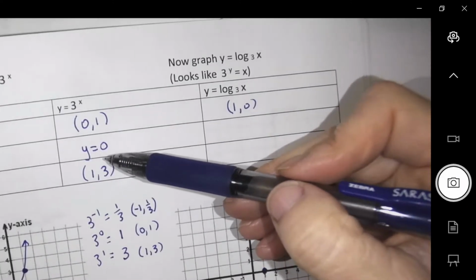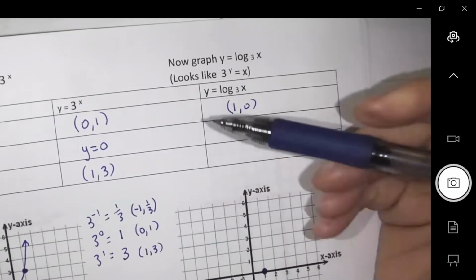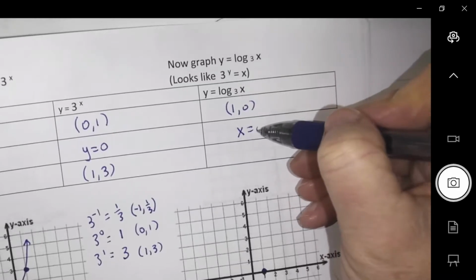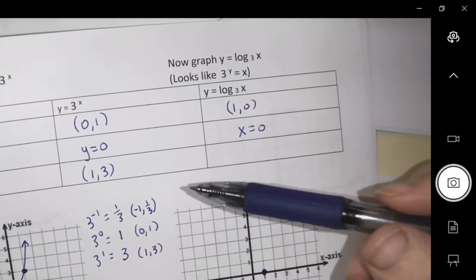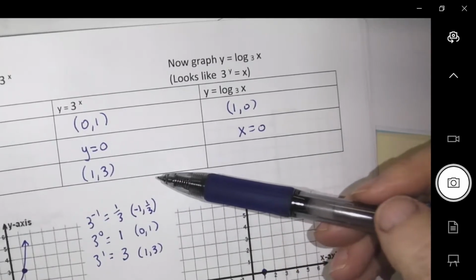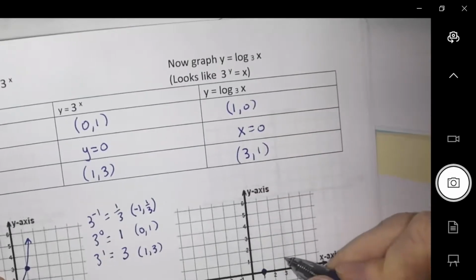The asymptote was y equals 0, so now how will that change? X equals 0. And the coordinate 1 comma 3 will now be the coordinate 3 comma 1.